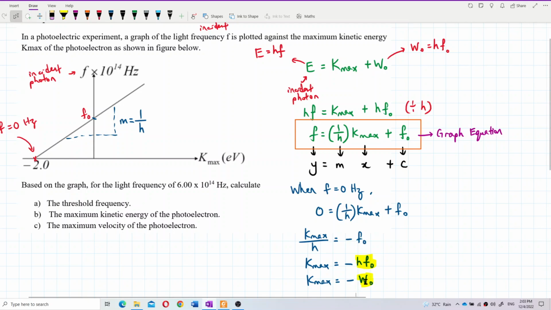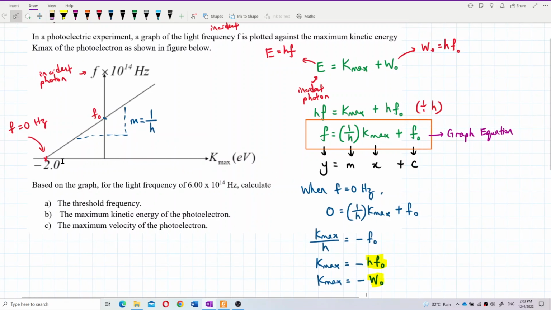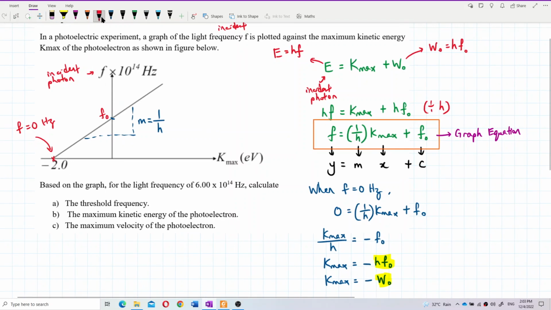So Kmax, I got the negative value, negative 2 electron volt. That means this 2 electron volt is actually the W naught. So this value is actually negative W naught.